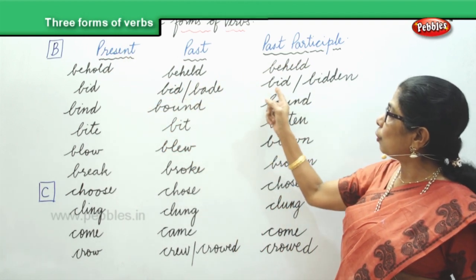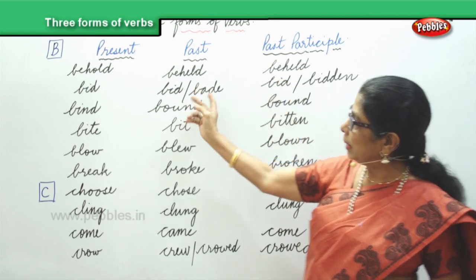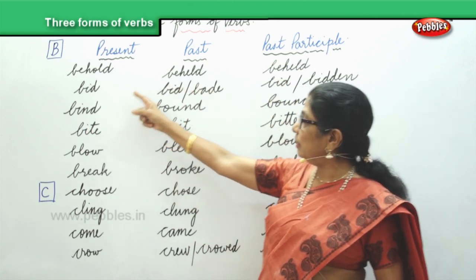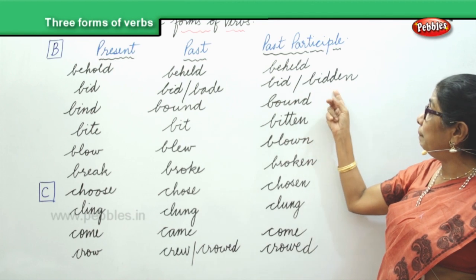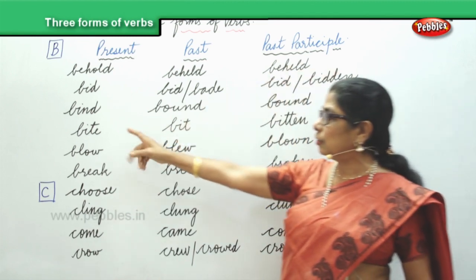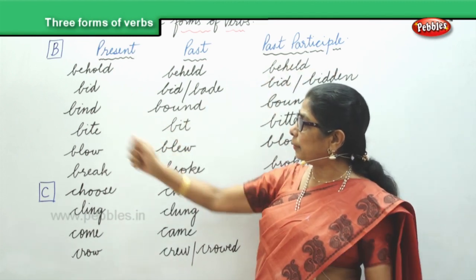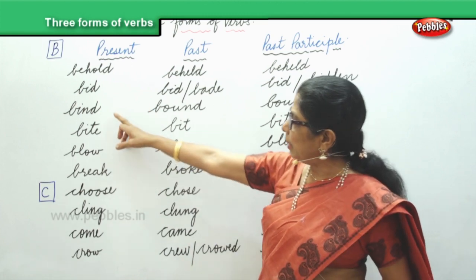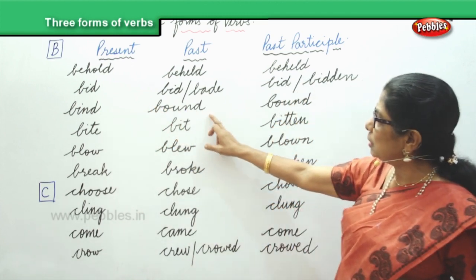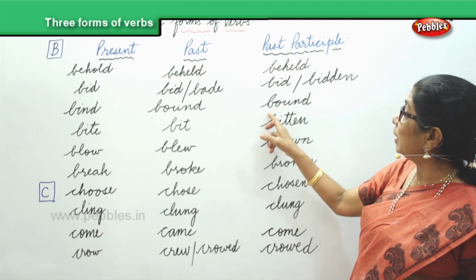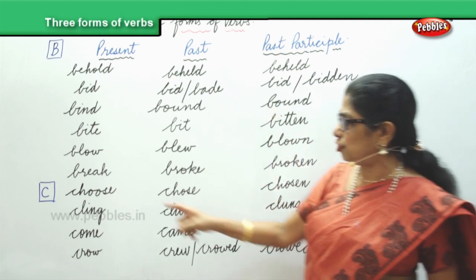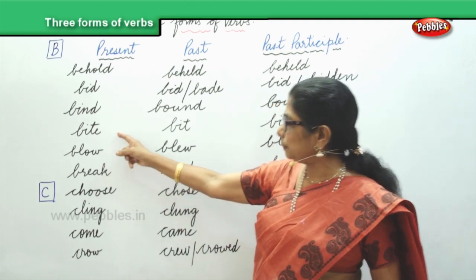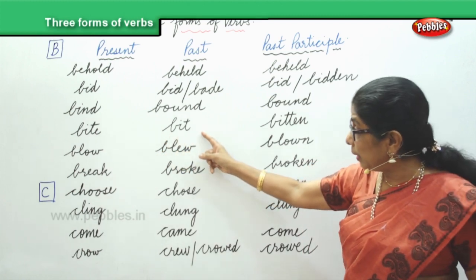It is bid for all the three forms, but here you can say bid, bade, and bidden. You had bidden goodbye to someone. Binding something, your wound. The nurse bound up your wound. Again for the past participle, it is bound.